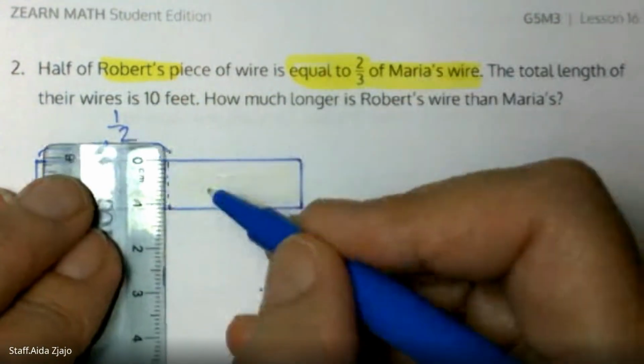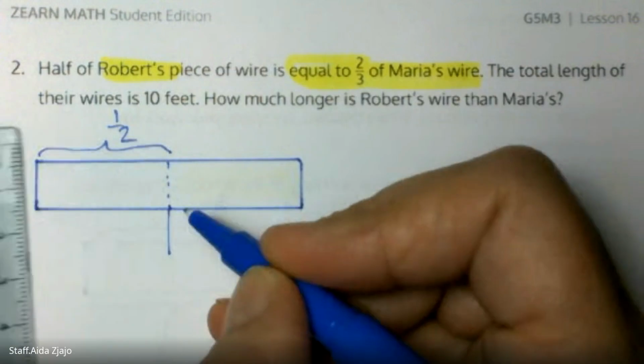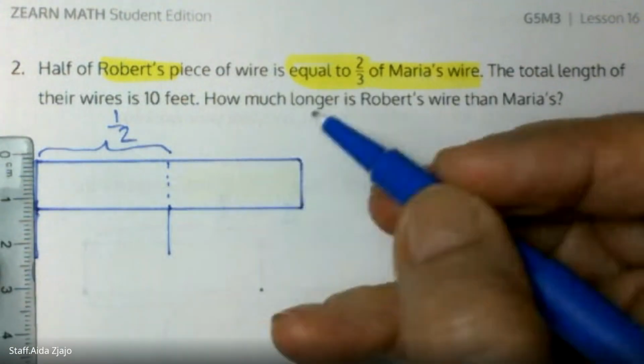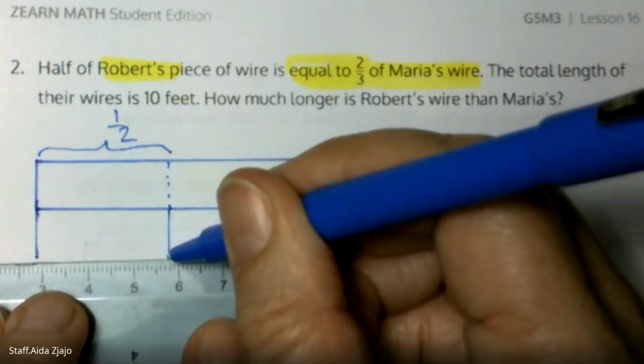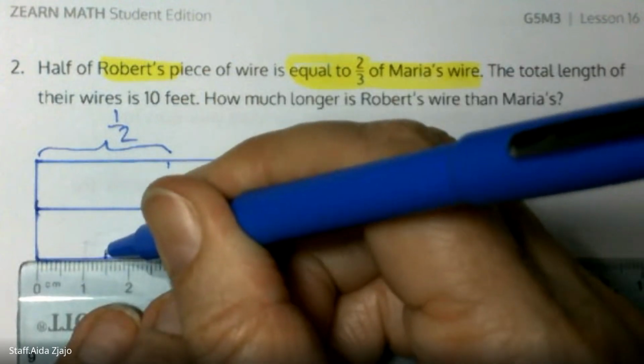This is half of Robert, which is 2/3 of Maria. So if this is 2/3, I'm going to cut in half.